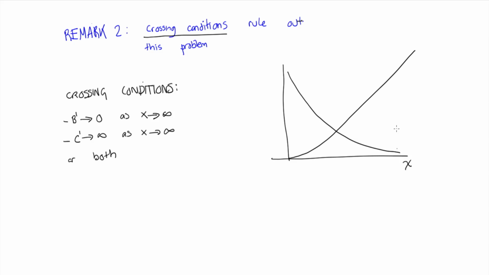Clearly, if either of these is true, or at least one of them, we cannot have the example that we saw a moment before, and that is going to imply that the marginal benefit and marginal cost curves cross at some x. And as we're going to see in a second, that is going to guarantee the existence of a unique optimum.